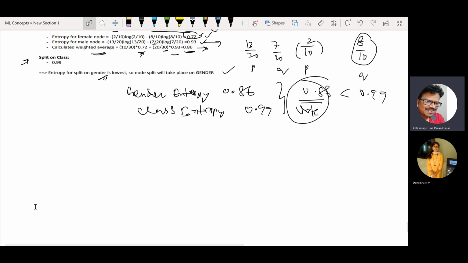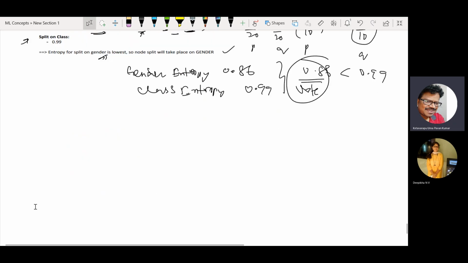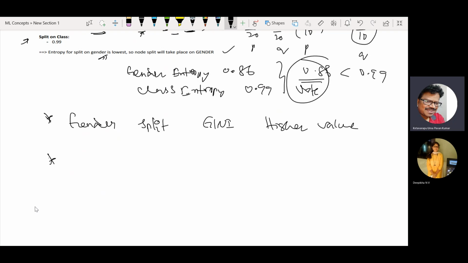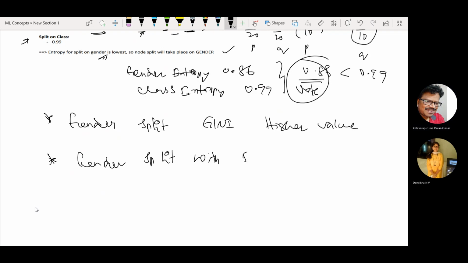In both the cases, friends, not surprisingly, as a kind of recheck, we have seen that the gender split with the help of the Gini gives the higher value. Okay, this is the observation. Similarly, the gender split with entropy gives the lower value.